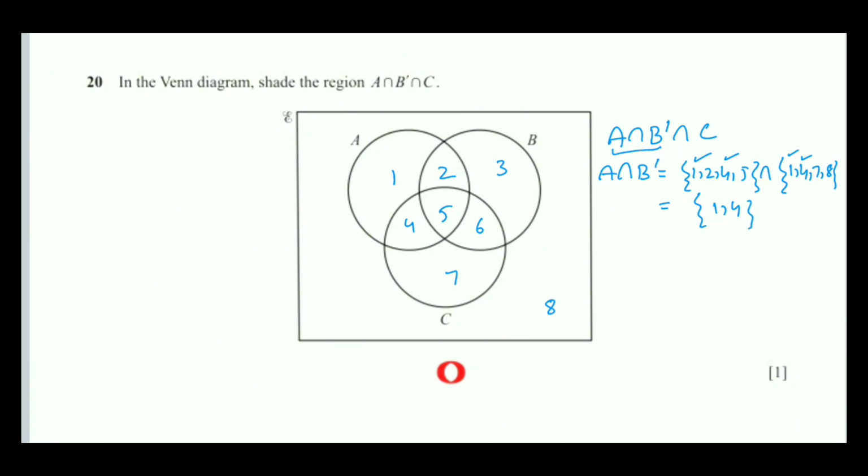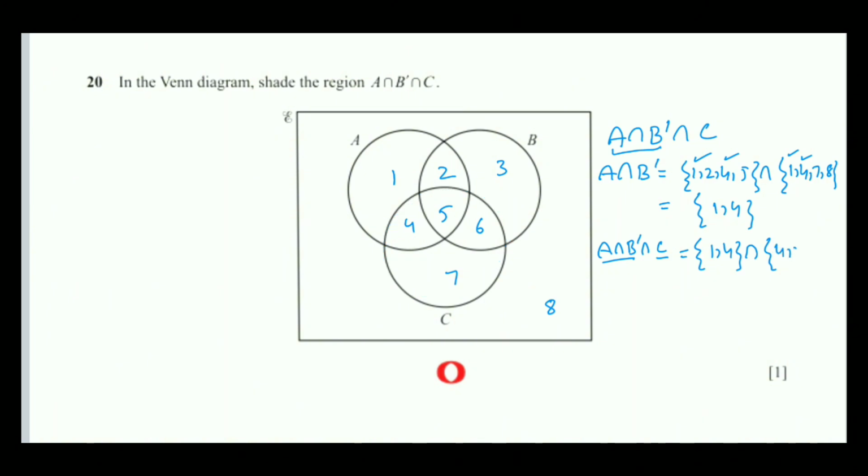Now you have to take the intersection of these two sets. A intersection B complement is 1, 4, which you have calculated. Intersection C set is 4, 5, 6, 7. You can check the elements from here.